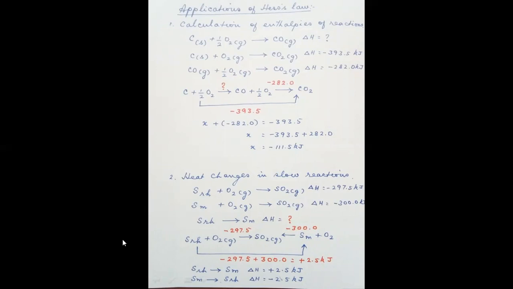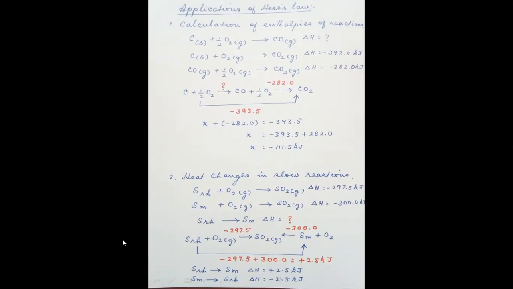Interconversion is very much possible. At the same time, sulfur monoclinic can be converted into sulfur rhombic. But what is the enthalpy change accompanying this transition change? It is not measurable. But Hess's law finds its application in finding out the enthalpy change of the slow processes.